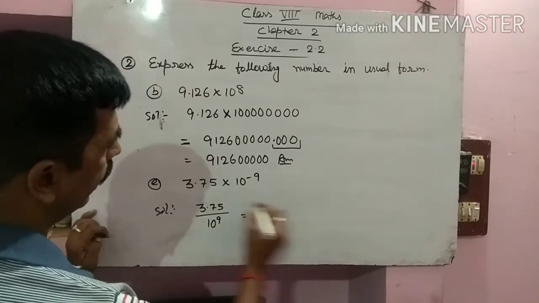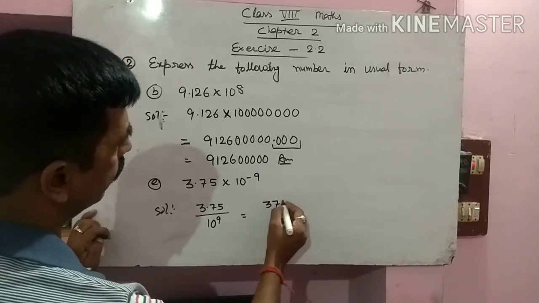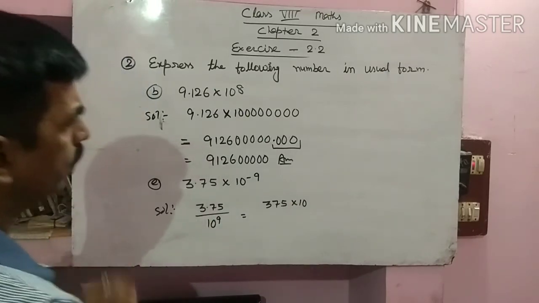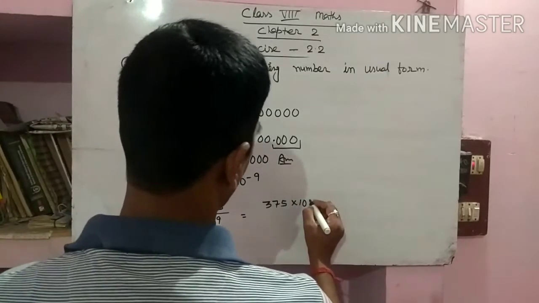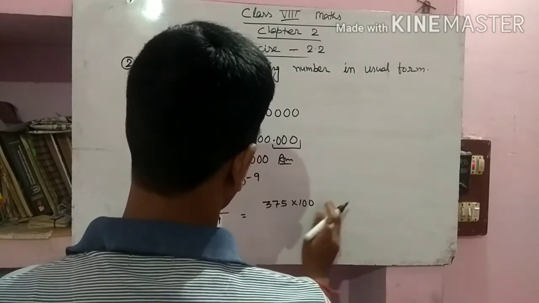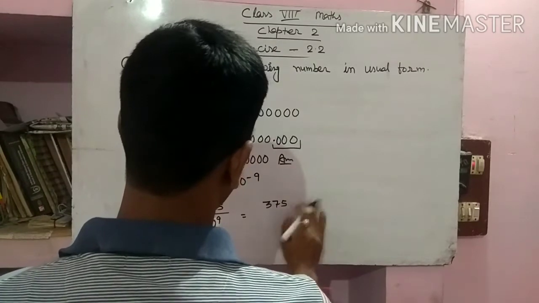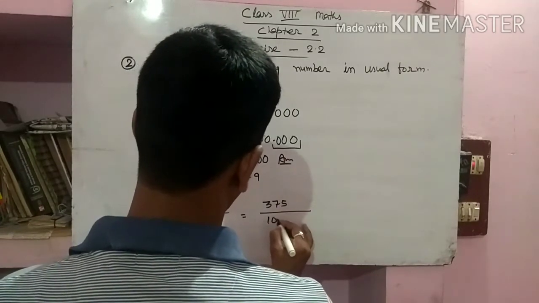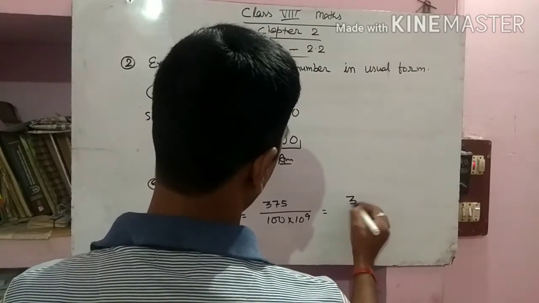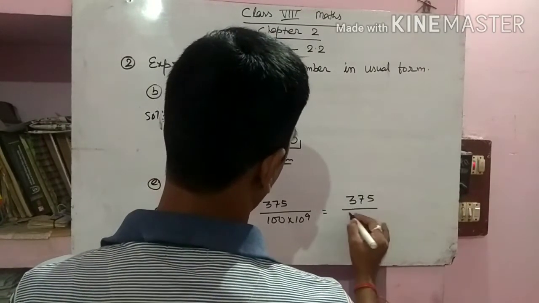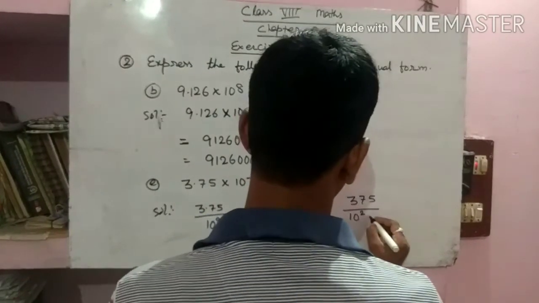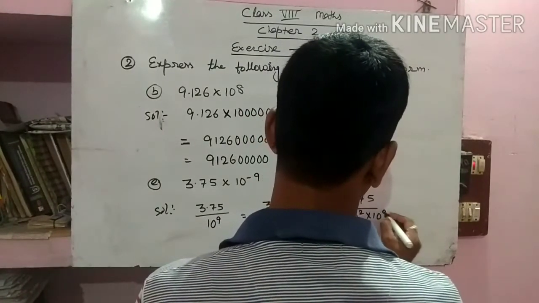And this means 375 into 10 to the power, or 100, divided by 100, into 10 to the power 9. Then you will get 375 by 10 to the power 2 into 10 to the power 9.